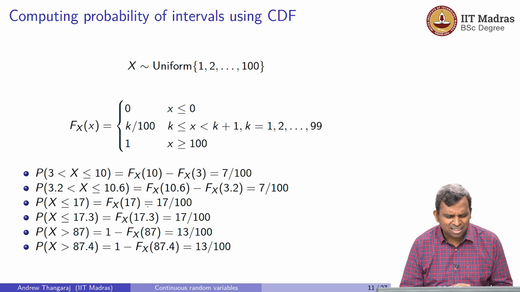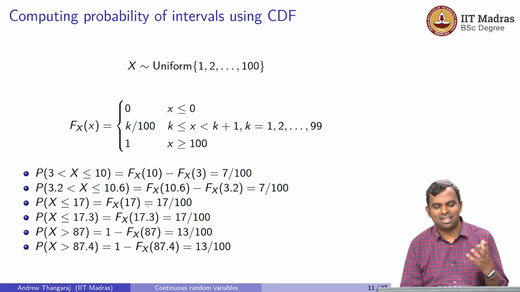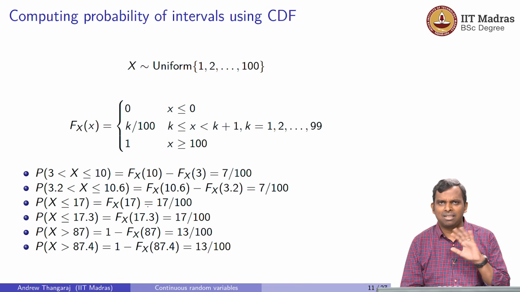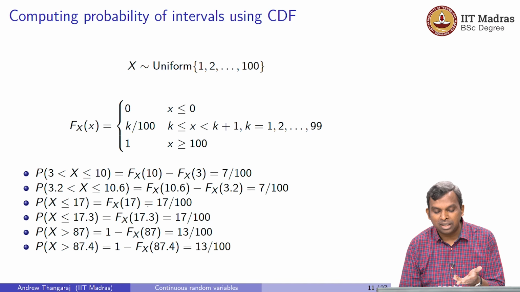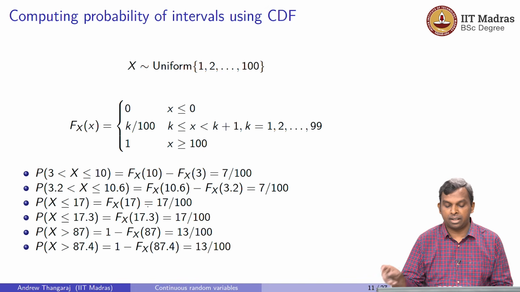Now, what if I change this to 3.2 to 10.6? You might say, why am I doing this? X doesn't take these values, but you'll see it's illustrative. Again, you can use the same formula, nothing changes. You can put capital F_X of 10.6 minus F_X of 3.2, but 10.6 still comes down to 10 by 100, and 3.2 still comes down to 3 by 100, that's what's very important.